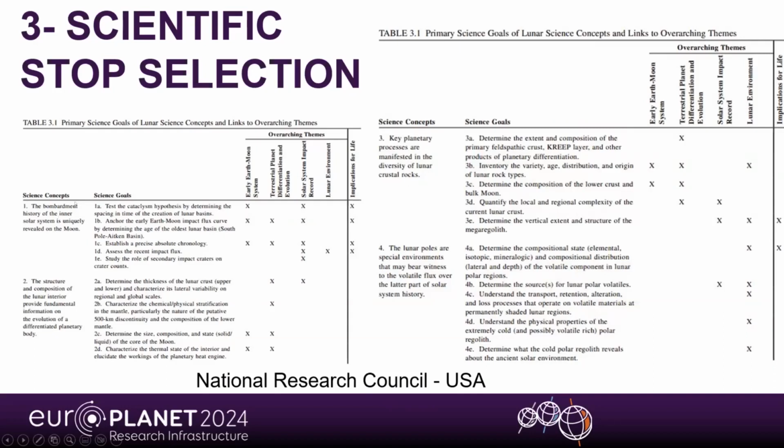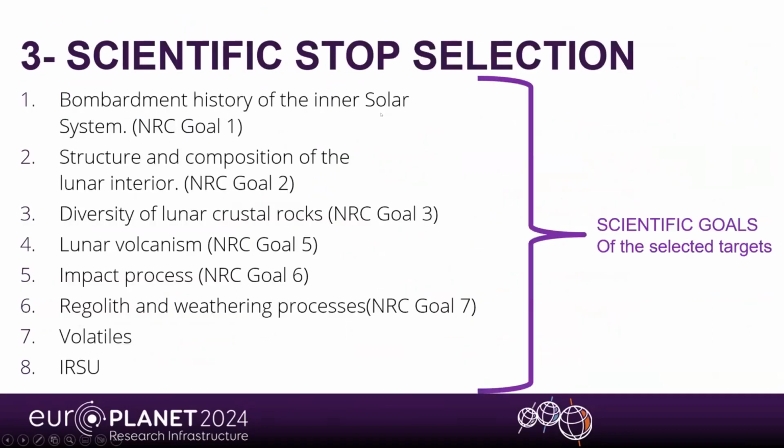So exactly the same, they subdivide the concepts and the tasks into various goals. And so we basically try to answer all these questions, like bombardment history of the inner solar system, diversity of lunar crustal rocks, lunar volcanism, impact processes, and so on.